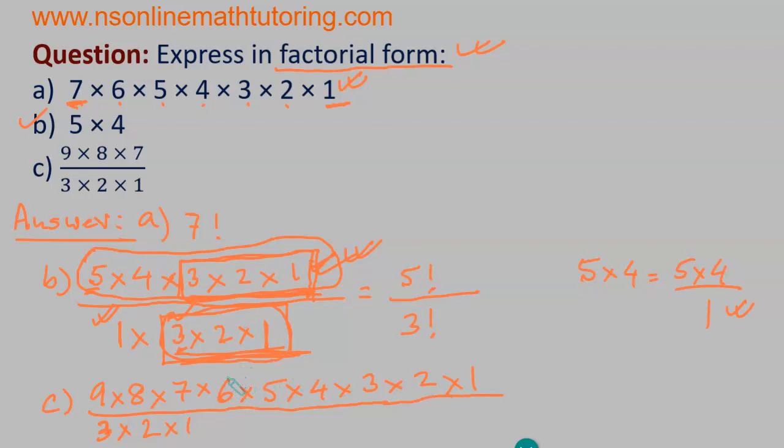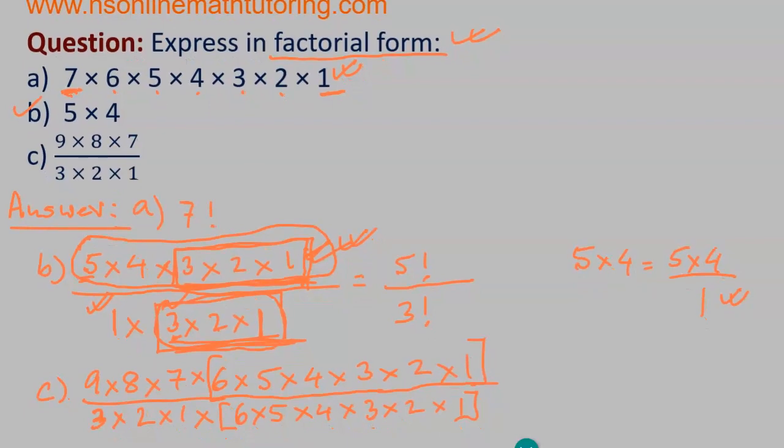So, I have added this part in the numerator. So, I have to do the same thing in the denominator: 6 times 4, 5 times 4 times 3 times 2 times 1.